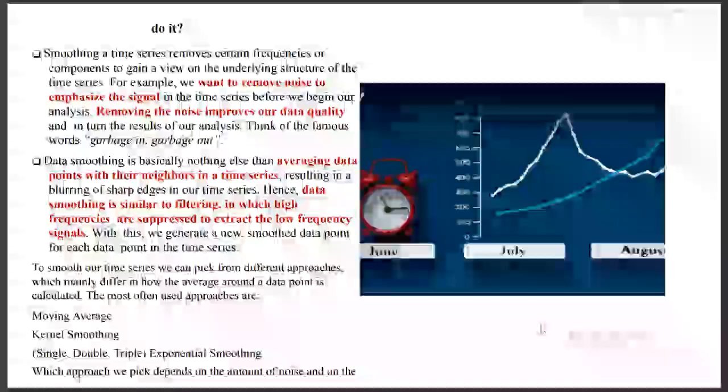So data smoothing is basically averaging data points with their neighbors in the same time series. It says data smoothing is similar to filtering, in which high frequencies are suppressed to extract the low frequency signals. Okay. You might have heard of something called trimming, right?